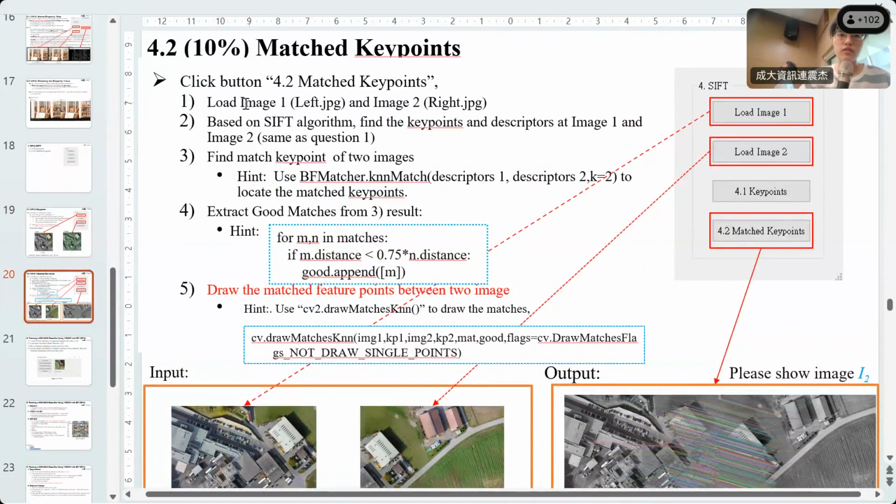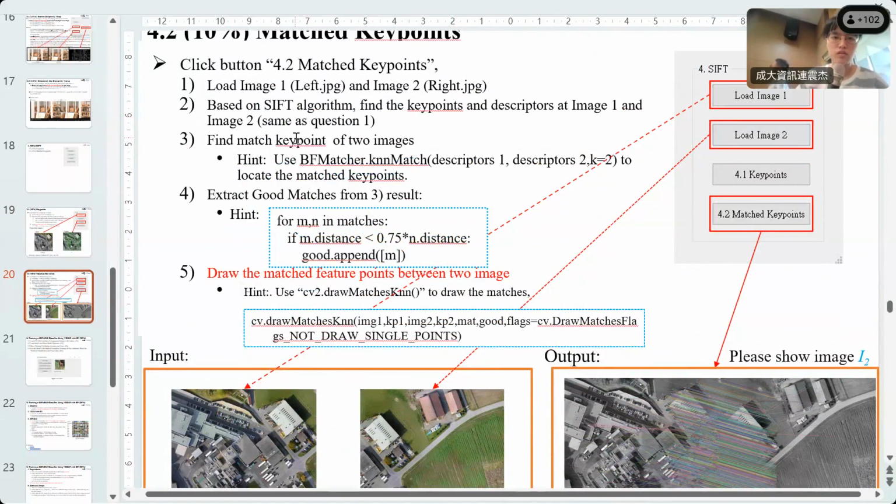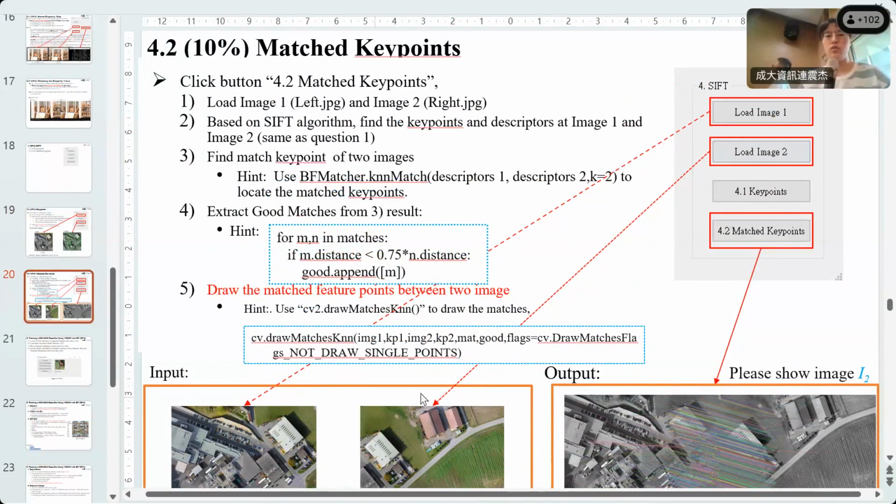First, we load image 1 and image 2. Number 2, we do the same as question 1, performing the question 1 steps for each image. Then we can find the key points of the two images.